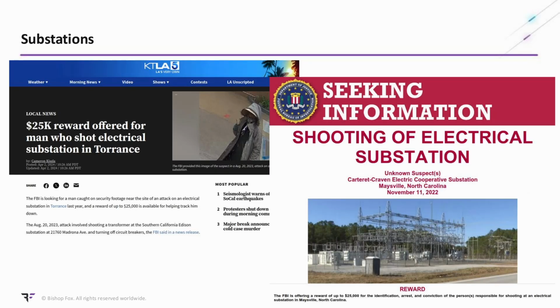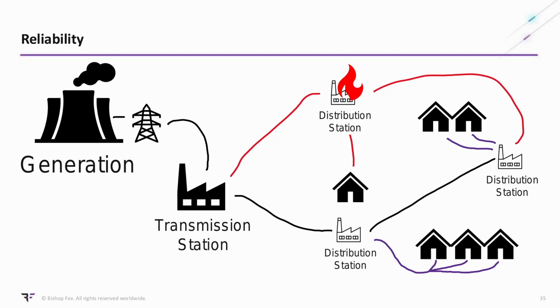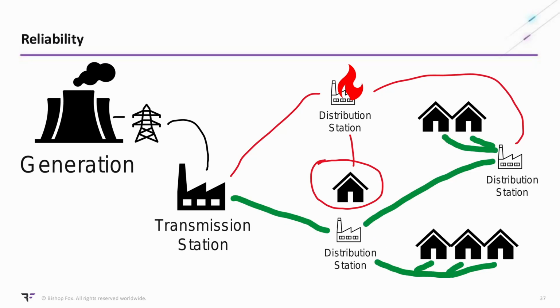Of course, some assholes like to try to just directly attack the electrical substations themselves. This has happened in a few instances where people just take assault rifles and just shoot at electrical substations. The FBI is very interested if you have any more information about that. But in any case, even in this sort of instance where an electrical substation bursts into flames because somebody shot it with an assault rifle, it sucks to be this house, but it doesn't impact the rest of the system as a whole, right?